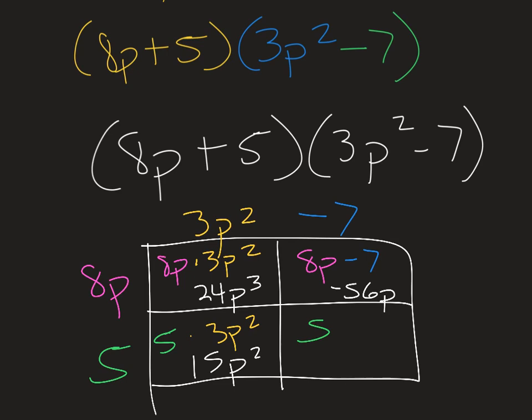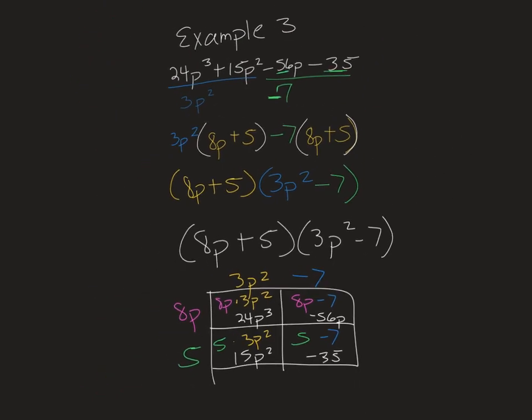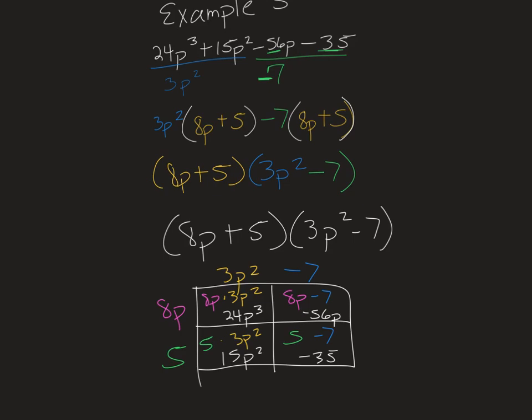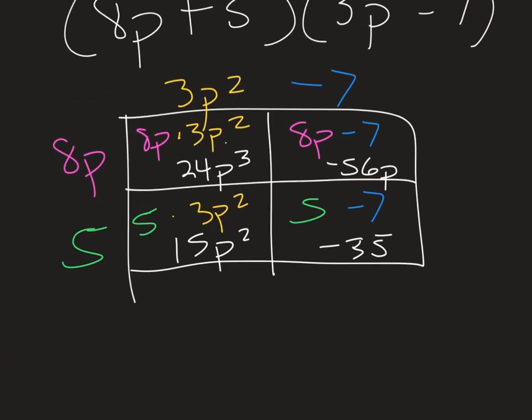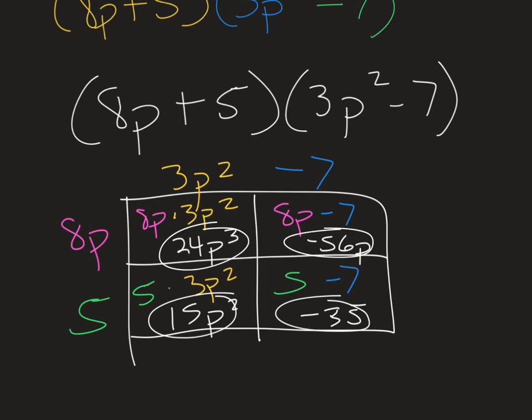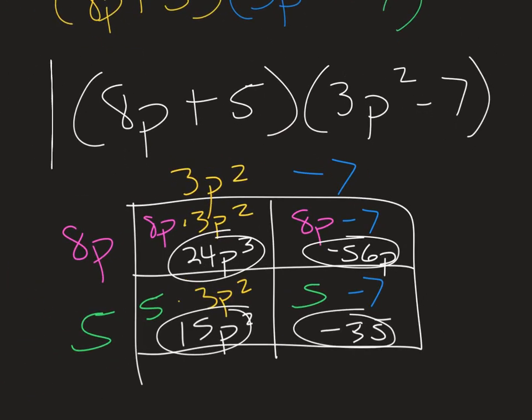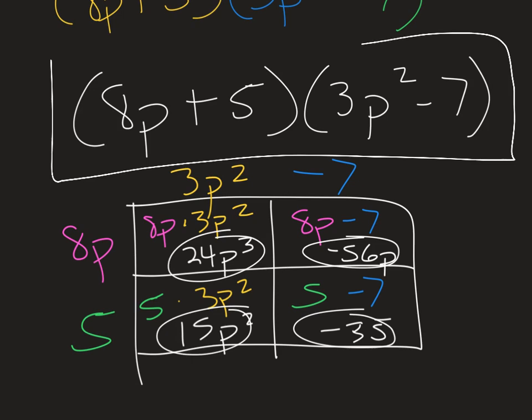And 5 times -7 leaves me with a -35. I'm going to glance back up at the original problem. Yep. Each of those 4 individual little terms was what was in my original problem. So I can be assured that I probably did it correctly. And this is going to be my answer right here.